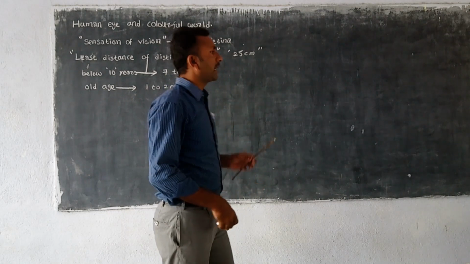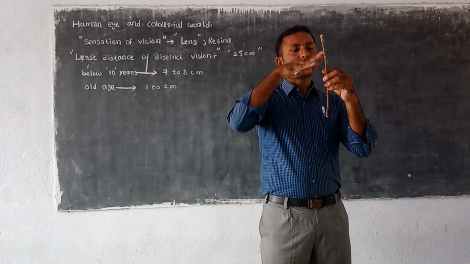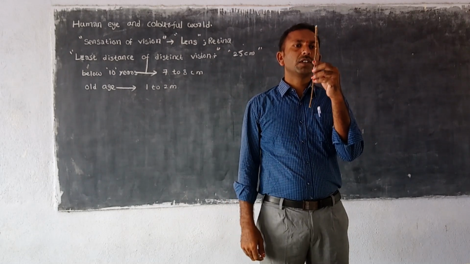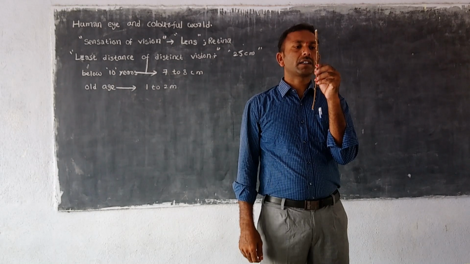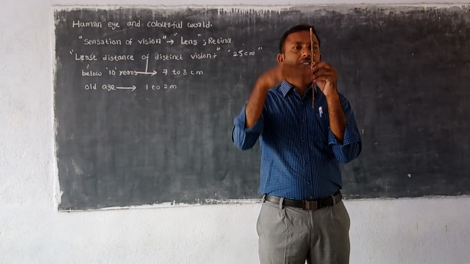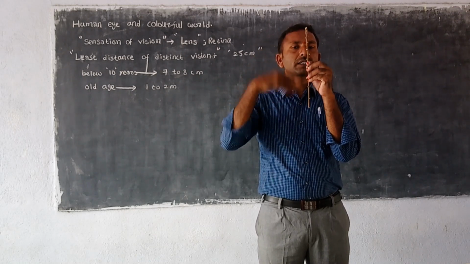So if any object is kept in front of you like this, approximately 25 centimeters from your eyes, like this you keep the rod or any pipe. Are you able to see the top and bottom parts of the stick?